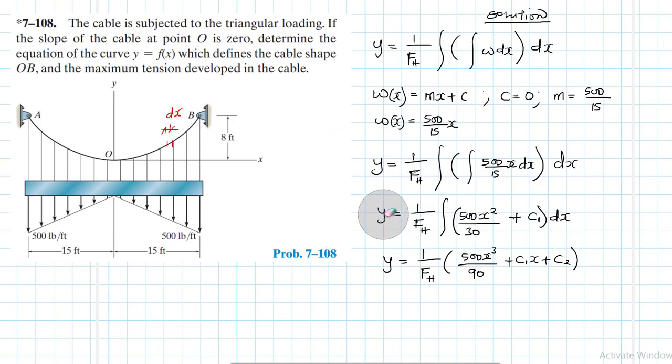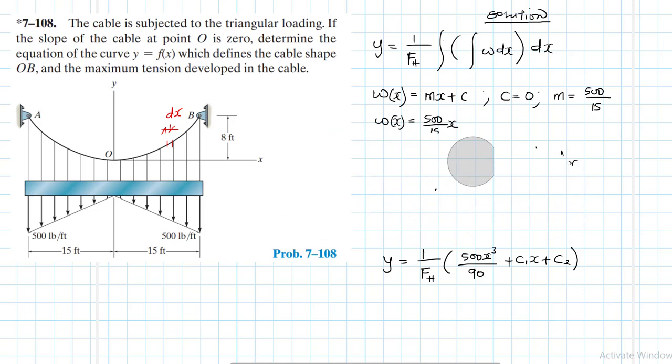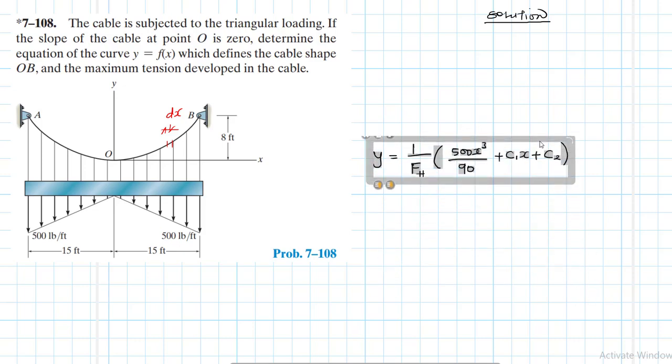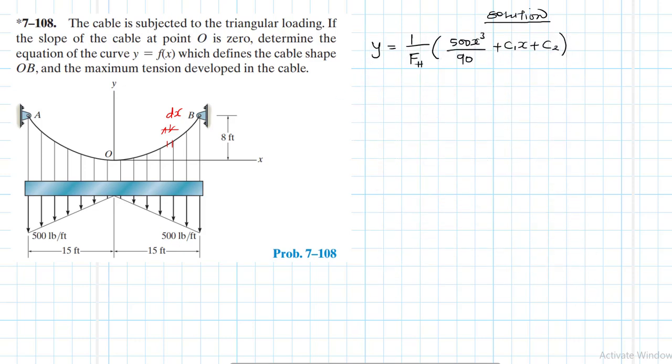Right. So now we are at this particular stage. We'll need to find these integration constants. But before we do so, let me also find the first derivative of this.